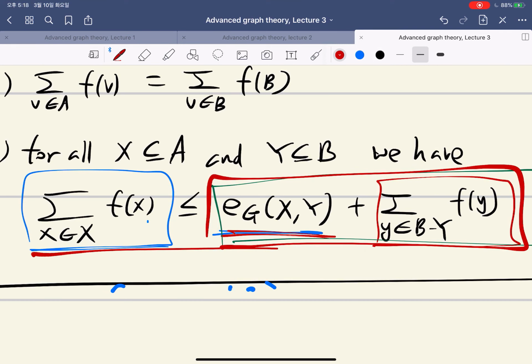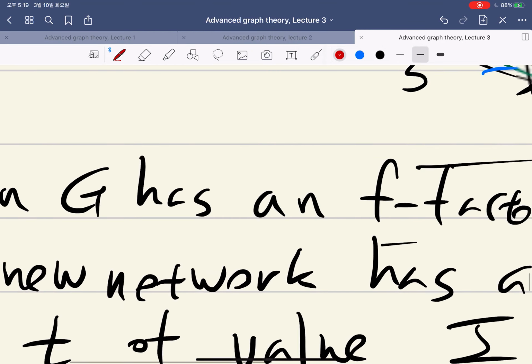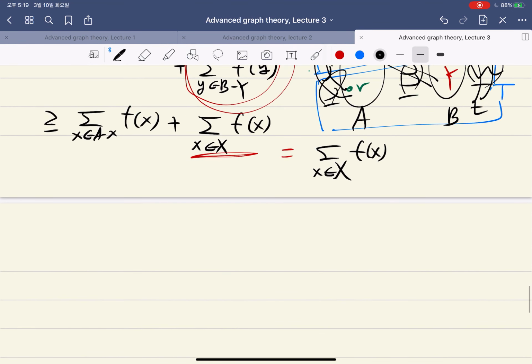And from this second condition, what we know is that this is bigger than this left-hand side, and this is the same as the summation of f(x) for all x in the vertex set X.